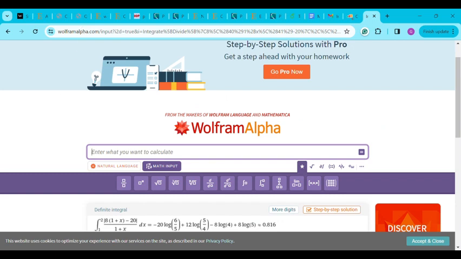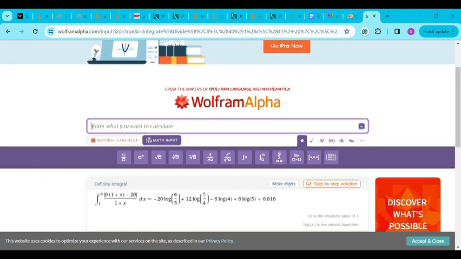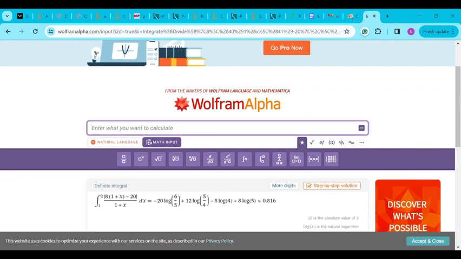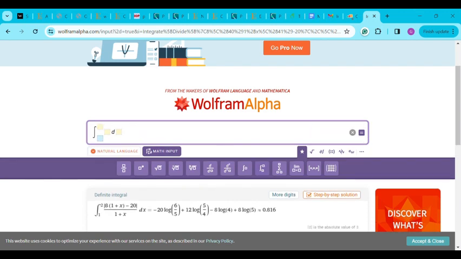This is the Wolfram Alpha page where you can calculate integrals directly. You can see the symbols here, and you can see that it's the definite integral.